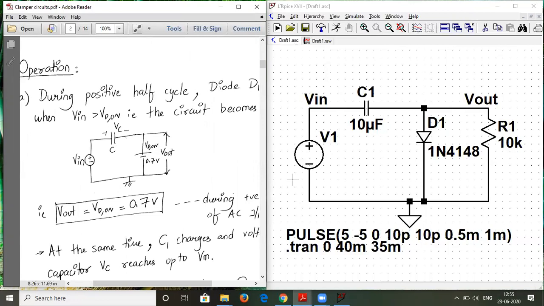As you can see, V in is a square wave whose voltage is changing from 0, 1, 2, 3, 4, 5, and staying at 5, again falling from 5, 4, 3, 2, 1, 0, and again going from 0 to below -5. That is 0, -1, -2, -3, -4, -5, and again from -5 it goes back to 0.